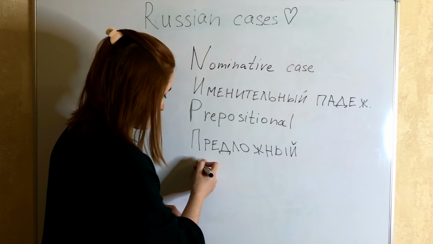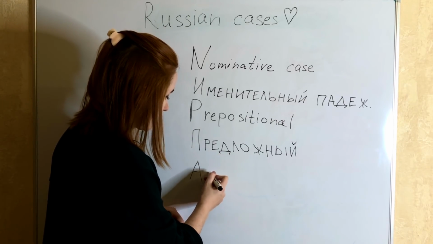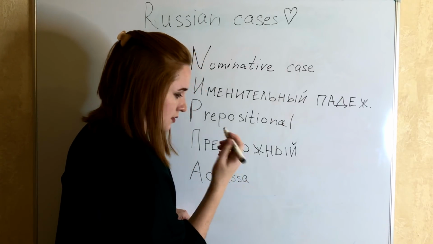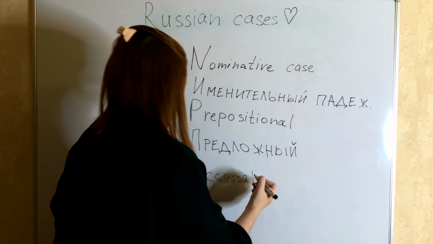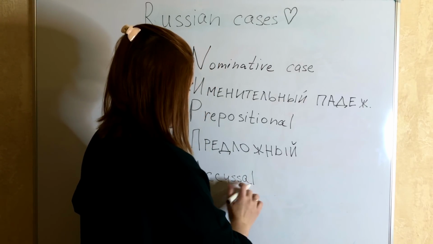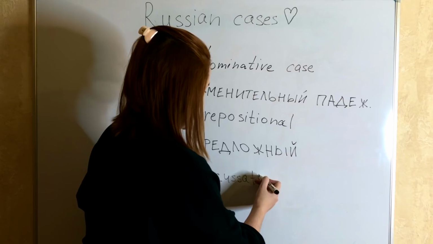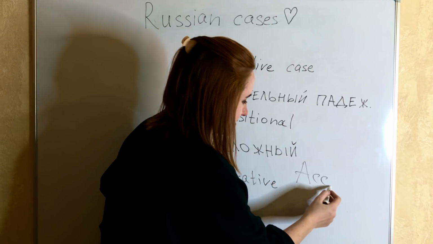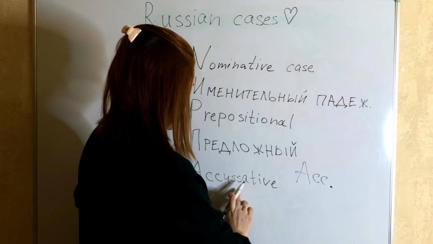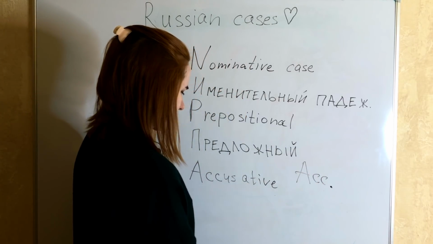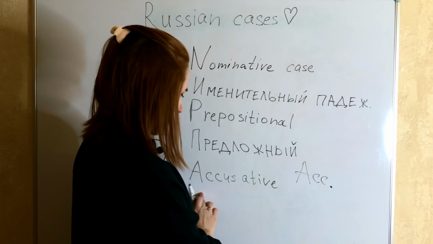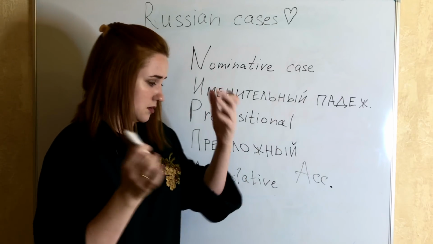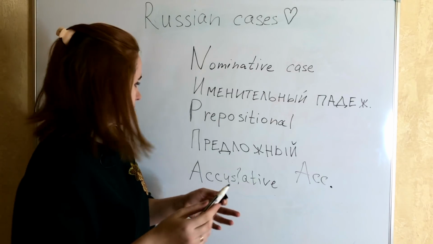Prepositional, accusative case. Accusative case. Oh no, he's dying. Oh my goodness, I don't remember how to write it. I am so used to writing it like this with a dot. Maybe with one S. Accusative. I don't remember. Well, I need to check it.